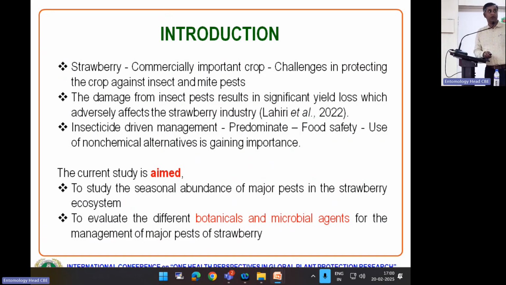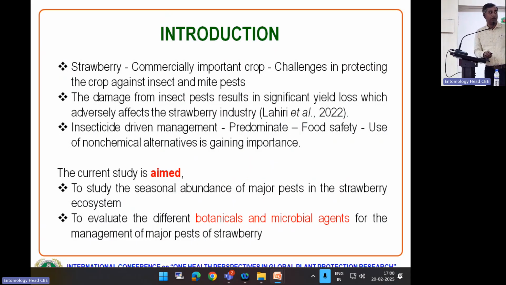With this background, the Nilgiri district is now declared as an organic district, and the use of these pesticides is prohibited. So the use of non-chemical alternatives is gaining importance now.